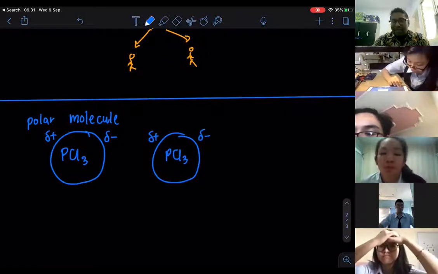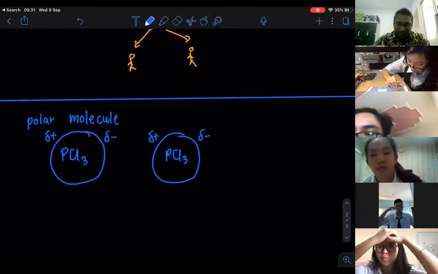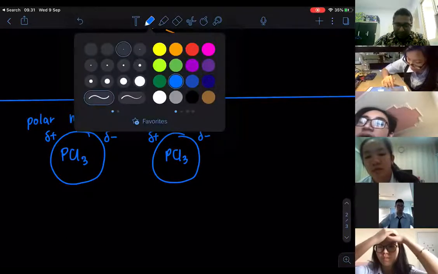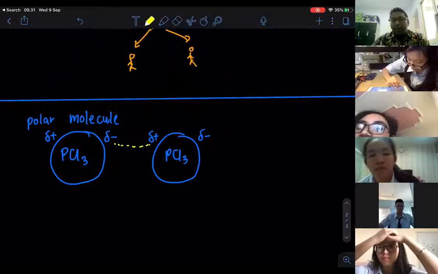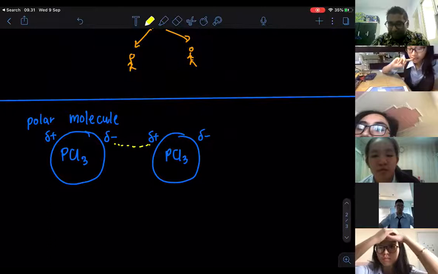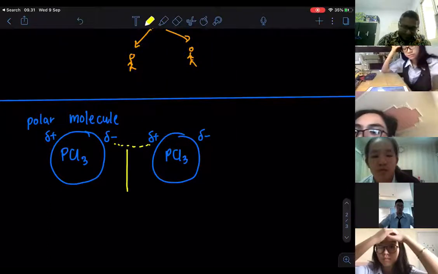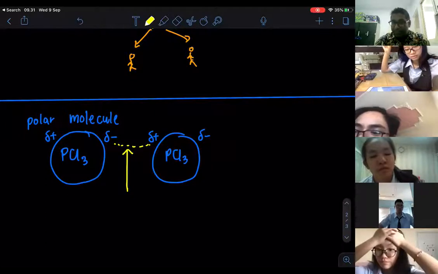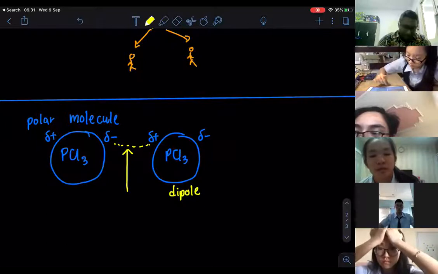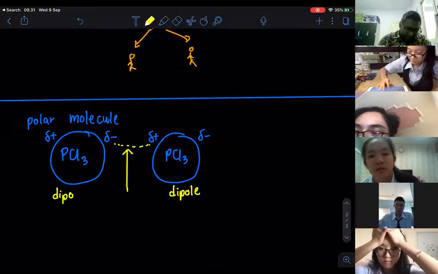Now what happens is that intermolecular forces of attraction will exist between negative and positive, because opposite charges attract. These particular forces of attraction have a name. This is a dipole, and this is a dipole.